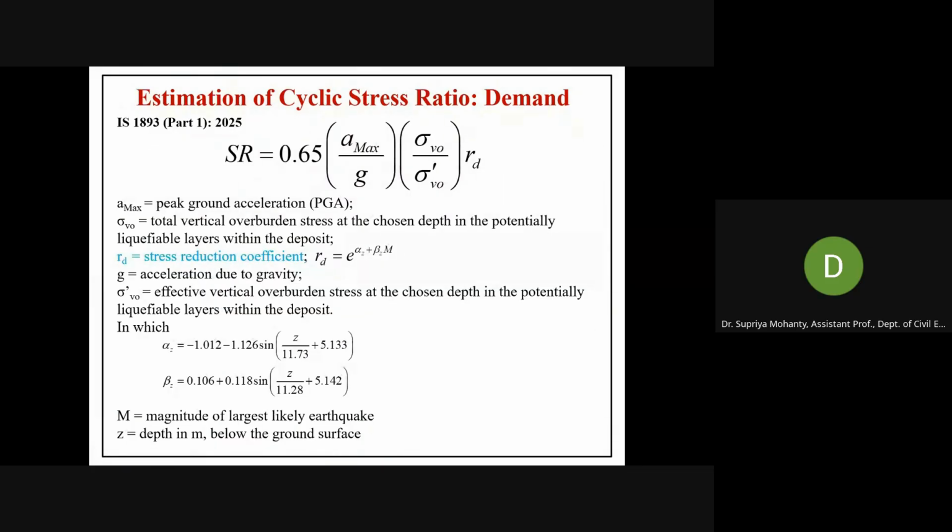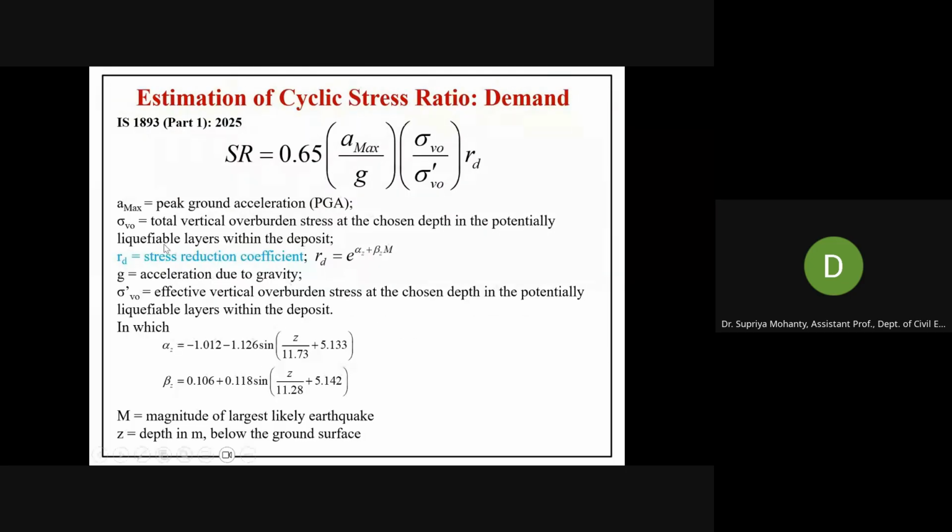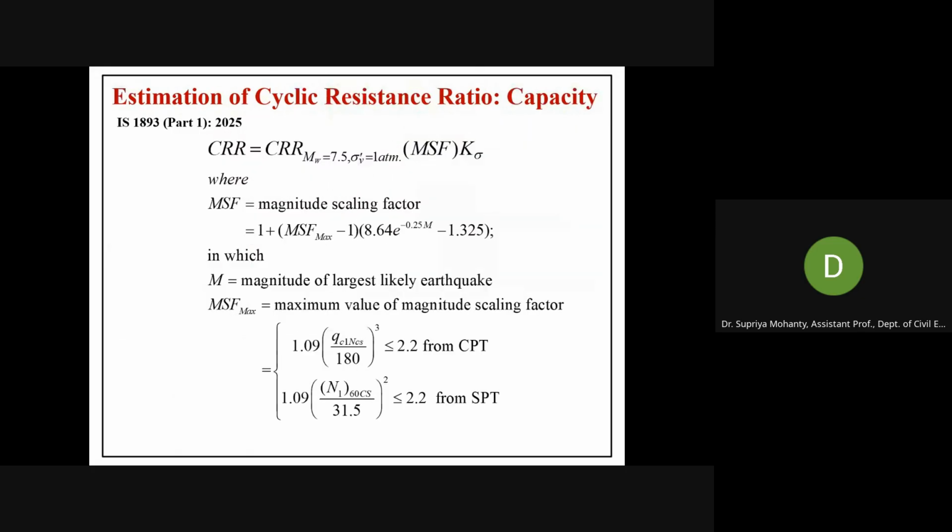Here M, the magnitude of earthquake, has been included. So the demand, the cyclic stress ratio or SR, needs the Amax value, the soil properties, the stress reduction coefficient, and which region you are in, that is, the expected magnitude of the largest likely earthquake.